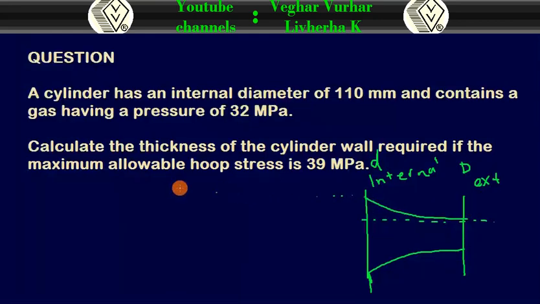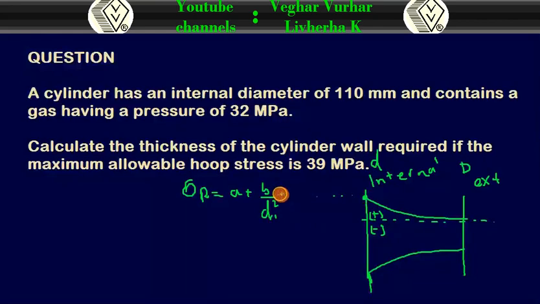So the radial stress is given by this equation, which represents the positive side. Then it represents this position. So the stress will be given here.